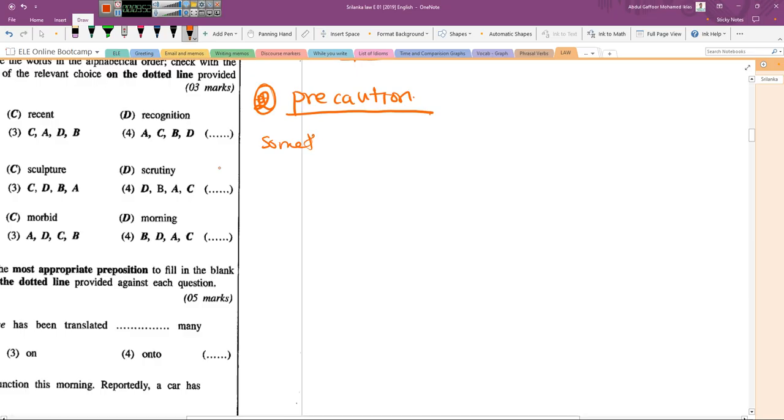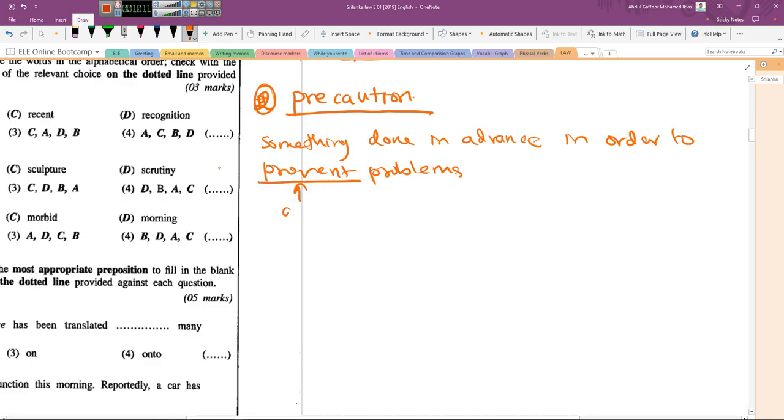Something done in advance in order to prevent problems. Now prevent means like avoid, right? So these are synonyms. Problems, or to avoid danger.